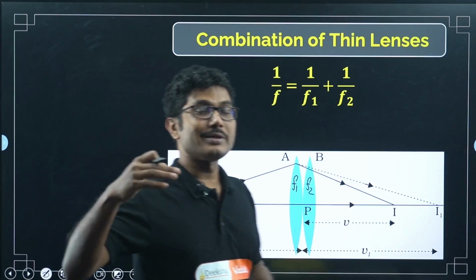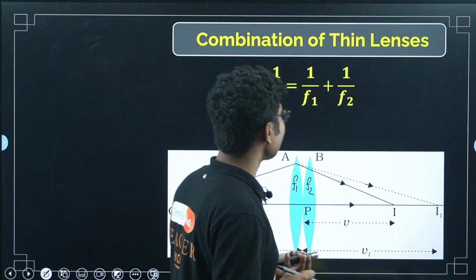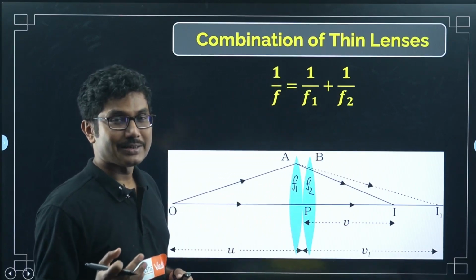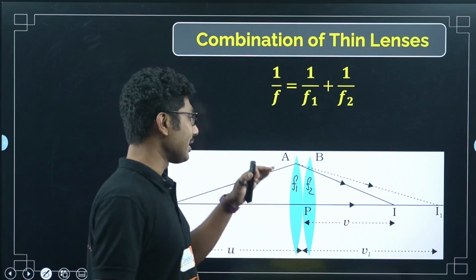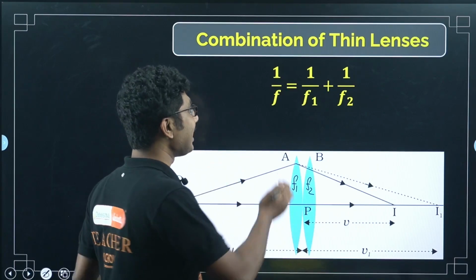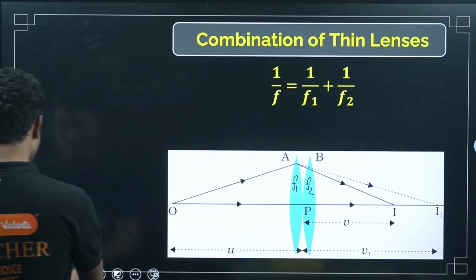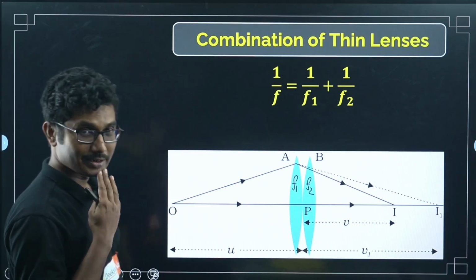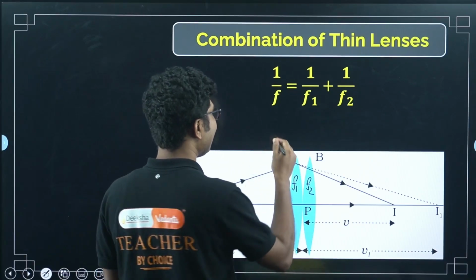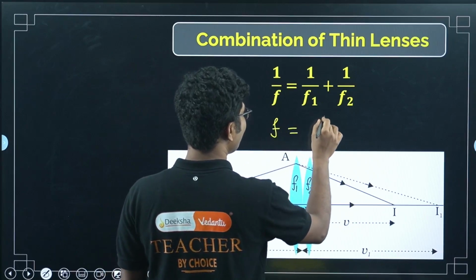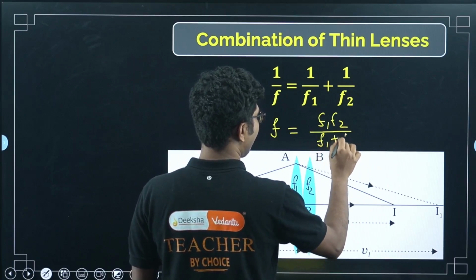It is similar to the combination of resistors. If you remember, in the combination of resistors, there is a series combination and a parallel combination. Similar to that, when we are considering focal lengths, the formula is very similar to that of a parallel combination of resistors, or a series combination of capacitors. So 1 by R is equal to 1 by R1 plus 1 by R2. Now you know what's coming: we can directly write the focal length to be F1 F2 by F1 plus F2.